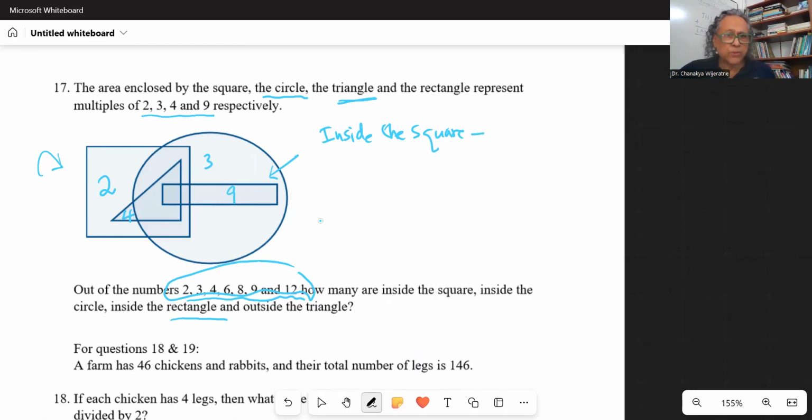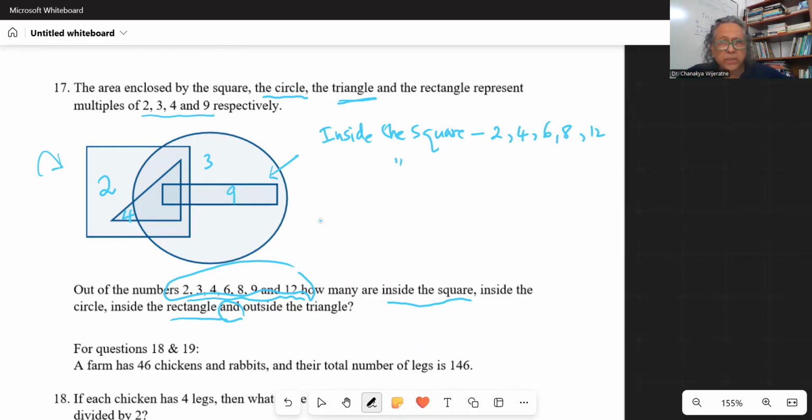So multiples of 2, right? 2, 4, 6, 8, 12, right? And so that's the first thing, right? What are the numbers inside the square? Now here the commas, right? The last one is an "and". So each of these commas actually is an "and". Okay.